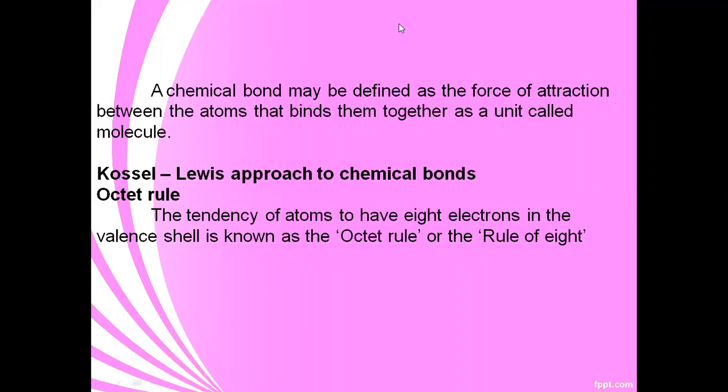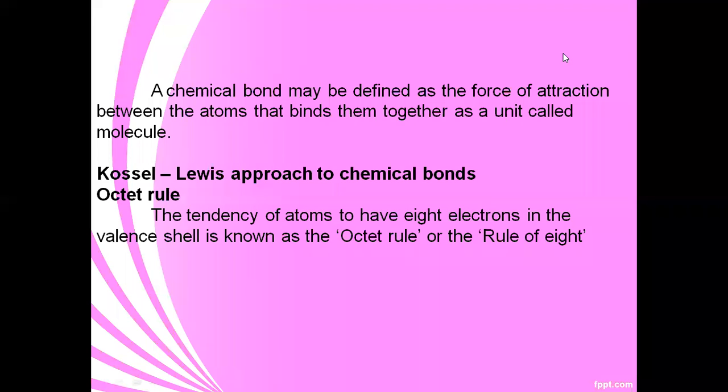For example, helium has valence electrons 2, carbon has 4, nitrogen has 5, and beryllium has 2. Atoms with 8 electrons in the valence shell have an octet. Whichever shell is the last shell, K, L, M, N or any other, if it has 8 electrons, that is the octet or rule of 8.